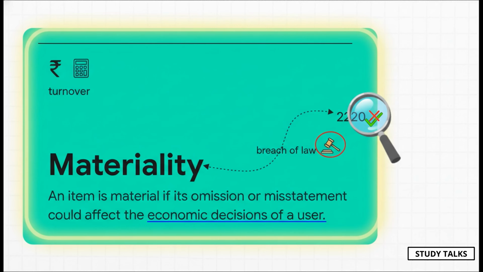Is that material? The amount is pocket change for them, but the answer is a massive yes. Why? Because it's not about the size of the number, it's about the story it tells. A penalty means they broke a law, and that's definitely something an investor would want to know. So please remember, materiality is all about the impact, not just the amount.